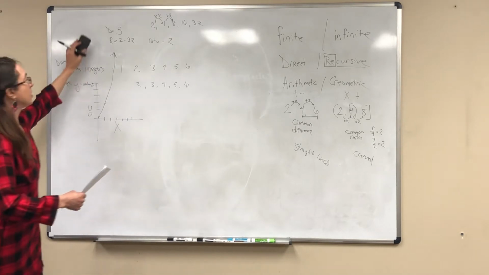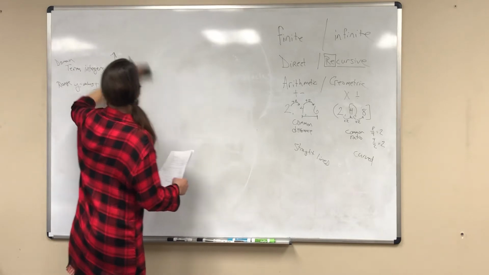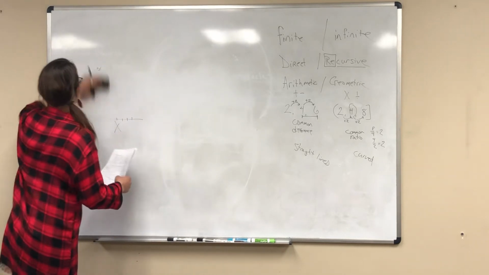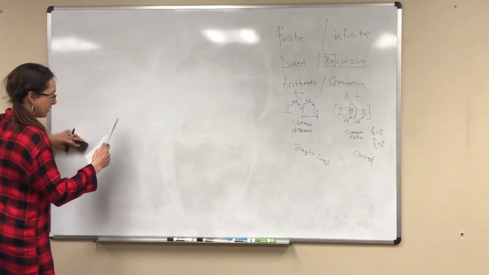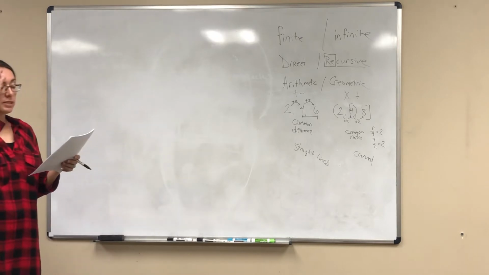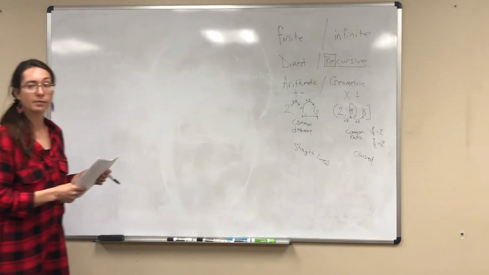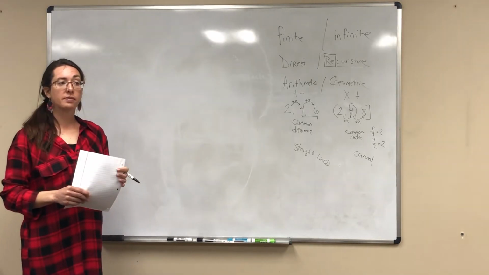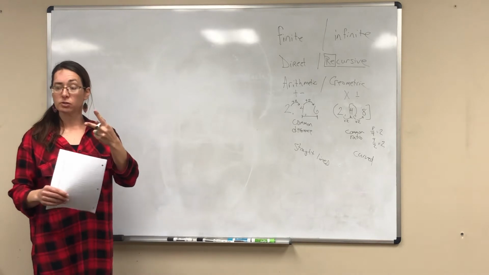All right. So there's all of the definition. So how do we actually put all of this new information into practice? Sometimes you will see a sequence written as a function, right? We can write it as a function because a function means we have a domain and a range, correct?